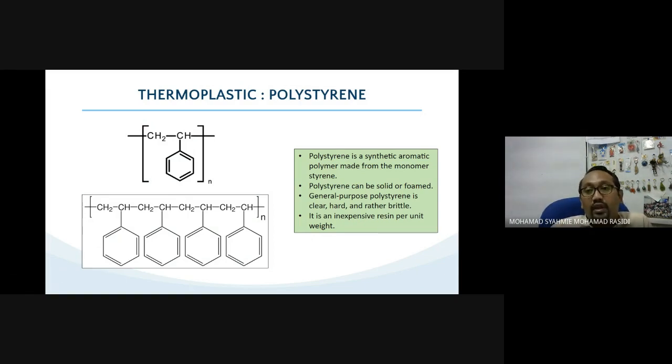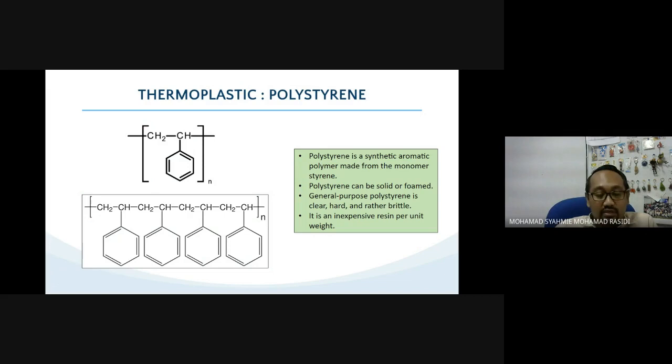Polystyrene can be solid or foamed. General purpose polystyrene is clear, hard, and rather brittle. It is an inexpensive resin per unit weight. So what is the meaning of inexpensive resin per unit weight? Even though the use of polystyrene is very large in volume, the weight is less.